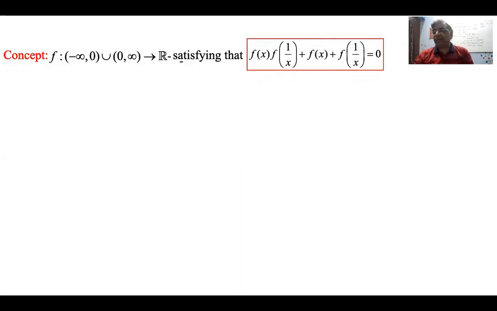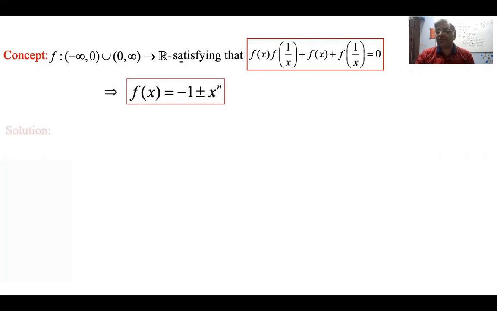Then the function which will fulfill this condition is minus 1 plus or minus x to the power n. So we are supposed to remember blindly that once the above condition is given, f of x is minus 1 plus or minus x to the power n.